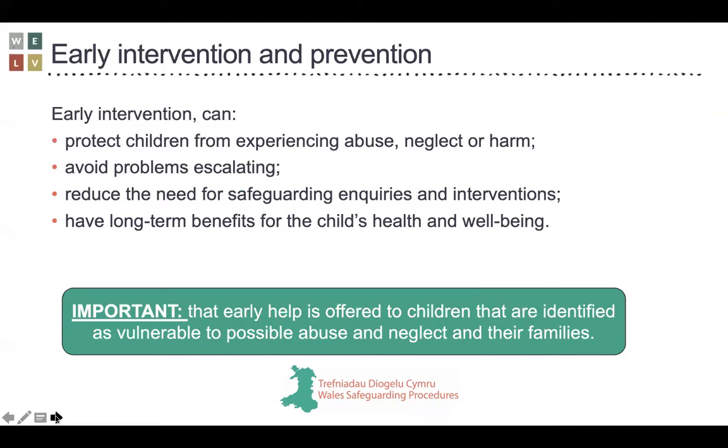It will help to avoid any problems escalating and reduce the need for safeguarding inquiries and interventions. But just as importantly, it will have long-term benefits for the child's health and well-being. It is important that early help is offered to children that are identified as vulnerable to possible abuse and neglect, and their families as early as possible.